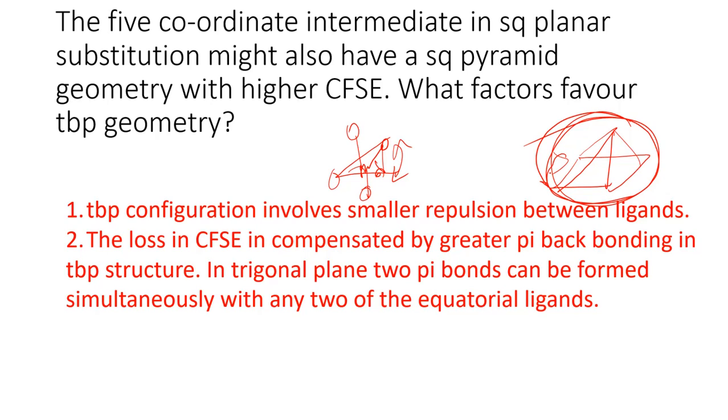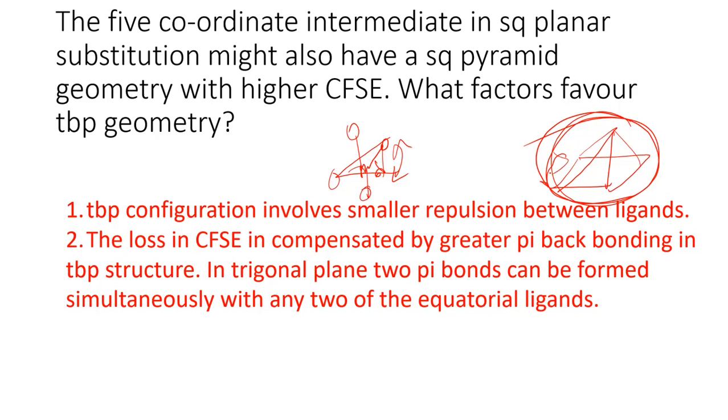Because the bond angle between the ligands in the plane of the square pyramid geometry is 90 degrees. Each ligand maintains a bond angle of 90 degrees to another one, so they are more prone to bond angle repulsion, whereas in the TBP geometry the bond angle between the ligands is 120 degrees, so they are involved in a much smaller repulsion.